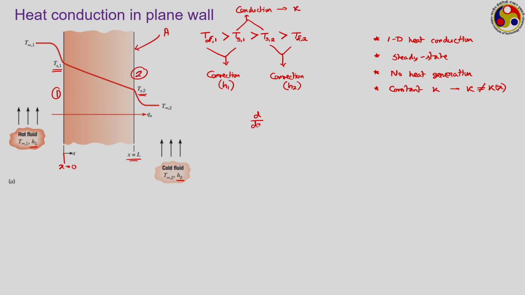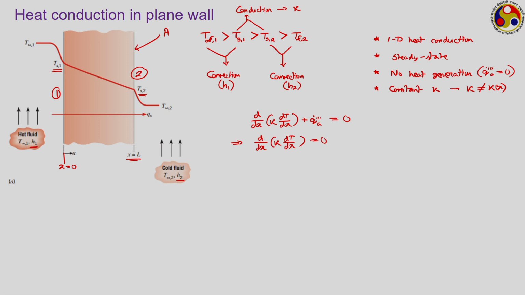That was d dx of K dT dx plus q 0 triple prime is equal to 0. There is no heat generation, that means q 0 triple prime is equal to 0. So, we have now d dx of K dT dx is equal to 0.